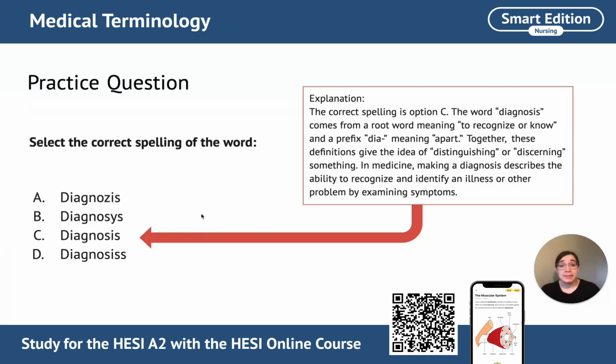So we examine the symptoms and we're correctly able to distinguish what is causing those symptoms. Again, very closely related to what we were talking about in our previous practice question about the word chronology. The order of symptoms, the order of events can help us make this correct diagnosis, correctly identifying what's causing a patient's symptoms.